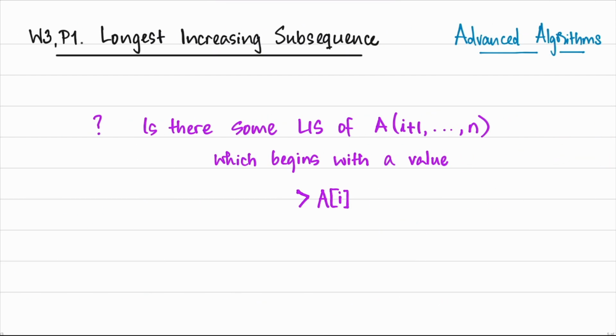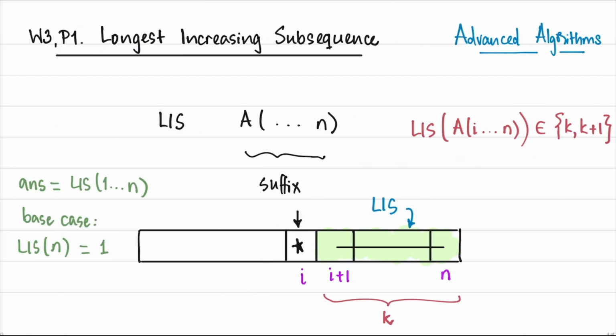On the other hand, if every longest increasing subsequence of the green subarray starts at a place which is smaller than a of I, then none of them are extensible, right? So really, in that case, we know that the answer for the entire subarray starting from I all the way to n must actually be k, right?